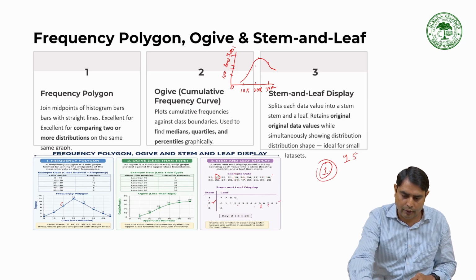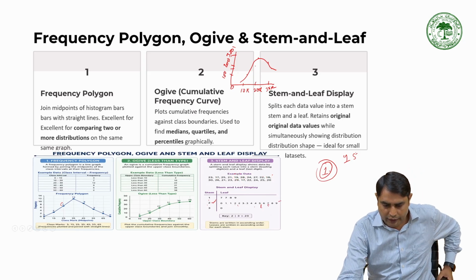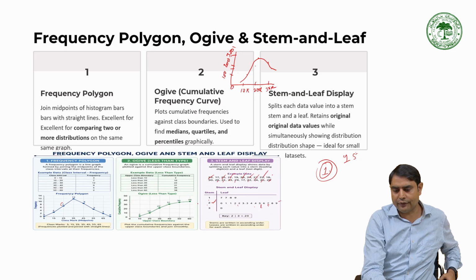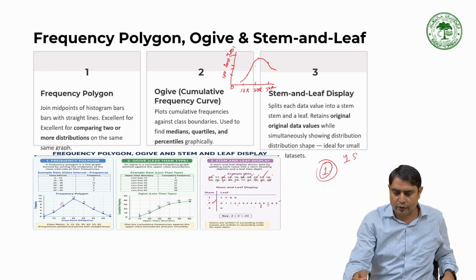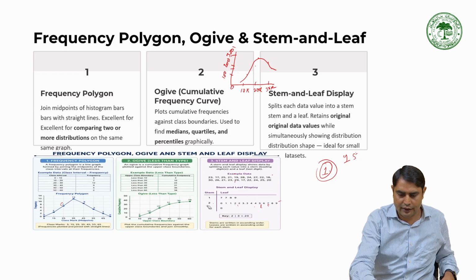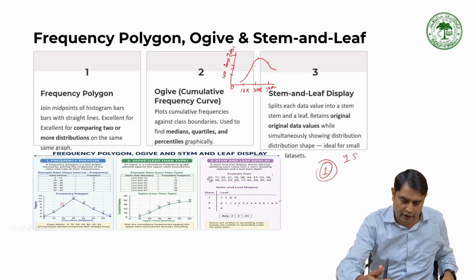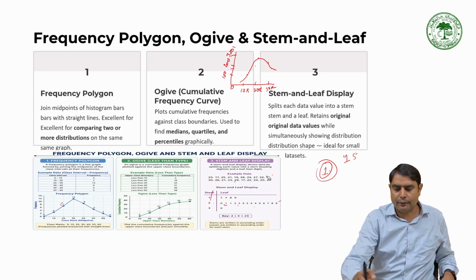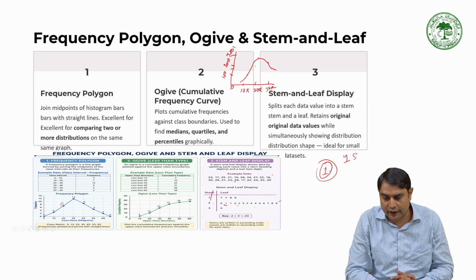So if I have to find out how many leaves are for 2: 1, 2, 3, 4, 5, 6, 7, 8, 9, 10, 11, 12, 13, 14, 15. All these are the leaves of 2. And then leaves of 3. There is only one number in the 30s, that is 30. And which is the leaf? Leaf for 30 is 0. So 3 is followed by 0. So leaf is 0. So in this way, we can create a stem and leaf diagram.